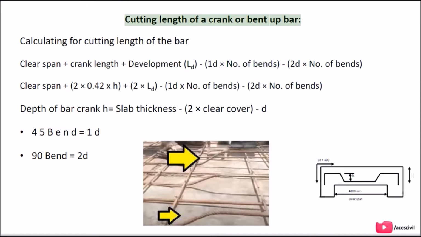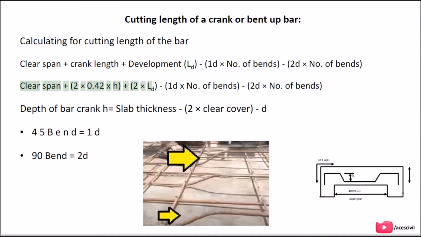Cutting length of a crank or bent up bar. Calculating the cutting length of the bar: clear span, crank length and development length L_d, plus 1d times number of bends, plus 2d times number of bends.